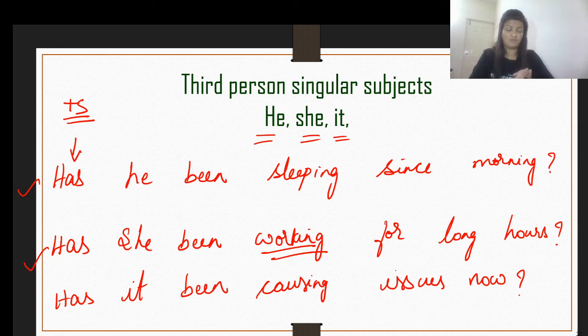Because you saw her working earlier as well, coming late home. Then you realize probably she is extending her working hours. Then you question, has she been working for long hours? Then next one, when your machine is causing issues, you're like, has it been causing issues? Has it been causing, as in the past, present, and future as well.